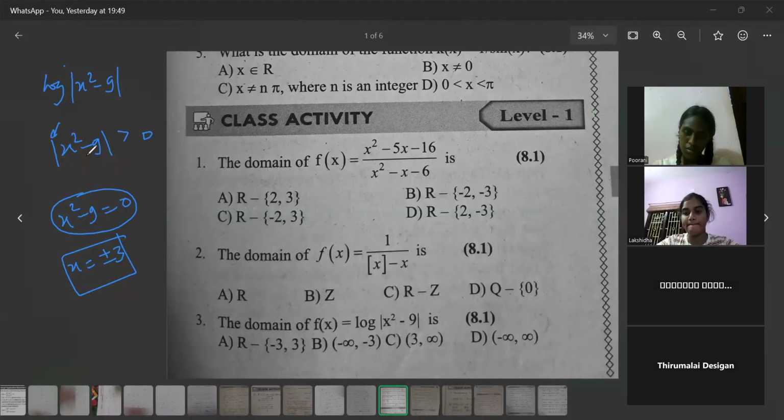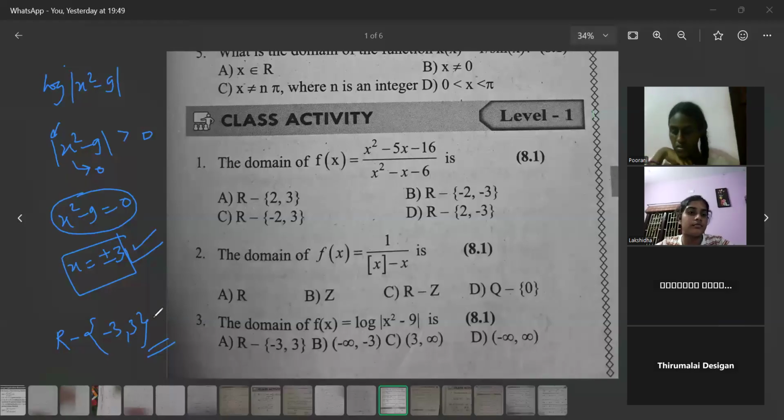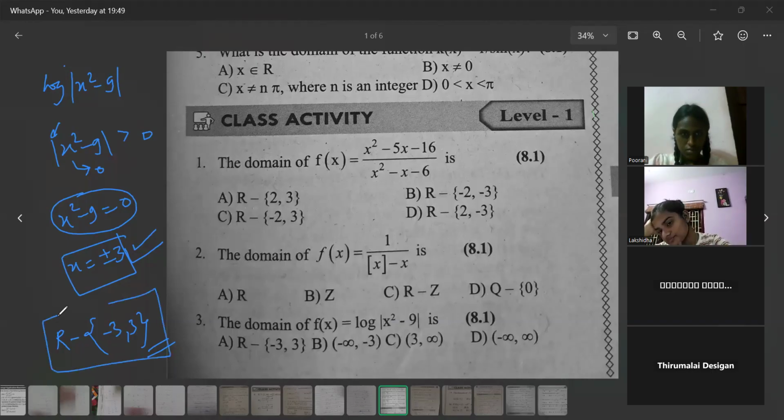So mod x square minus 9 should not be equal to 0. If it is not equal to 0, then log will always be defined. So for R minus {-3, 3}, the log will be defined. Log is defined, then x is acceptable. So this is the domain.